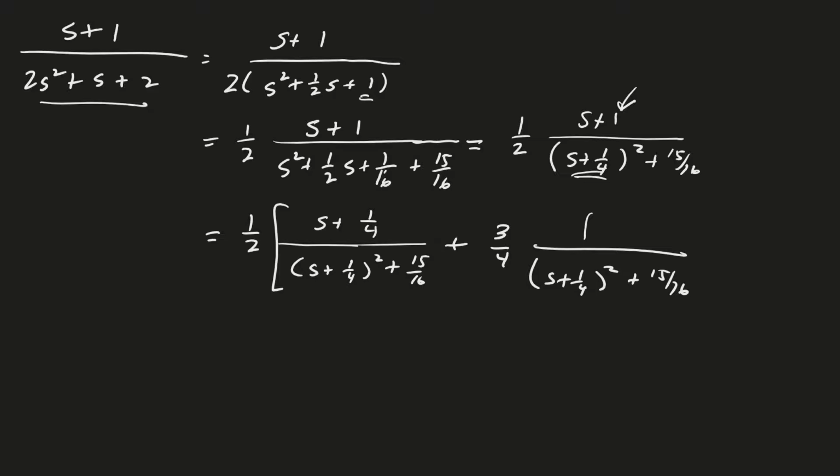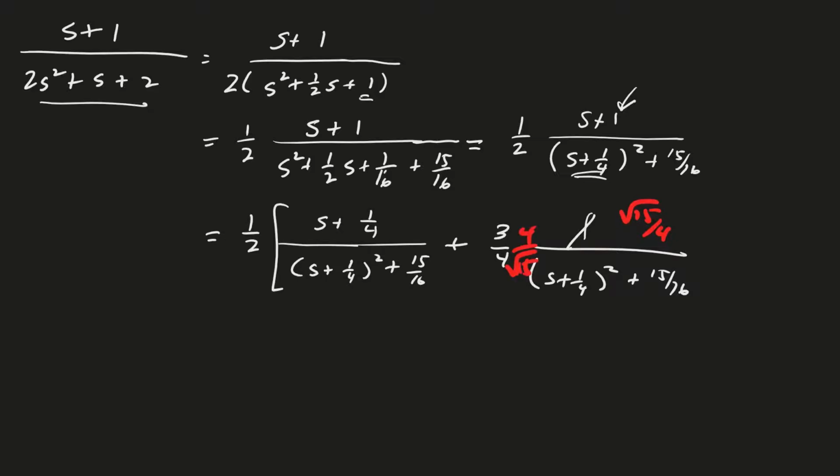But I don't want a 1 in this position. What I want is the square root of 15 over 4. If I want that to appear there, I'll multiply and divide by the same number.